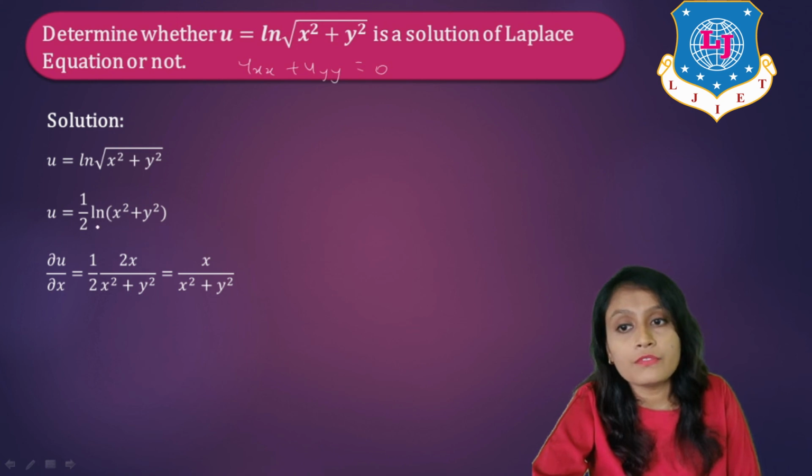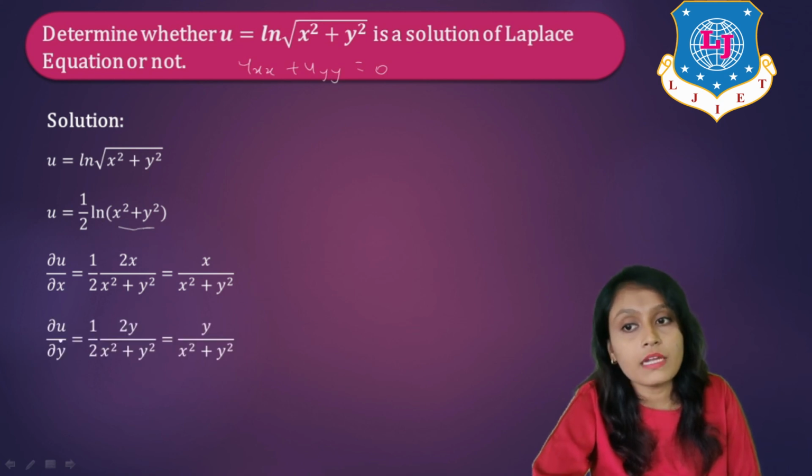Now derivative of ln x square plus y square is 1 upon x square plus y square into derivative of this term, that is x square plus y square. Again here we have to take derivative with respect to x. So here we have only 2x. The derivative of y square is 0.